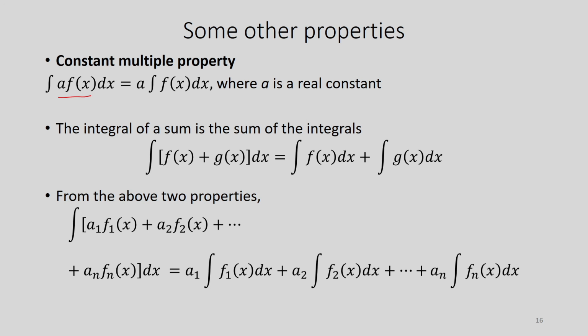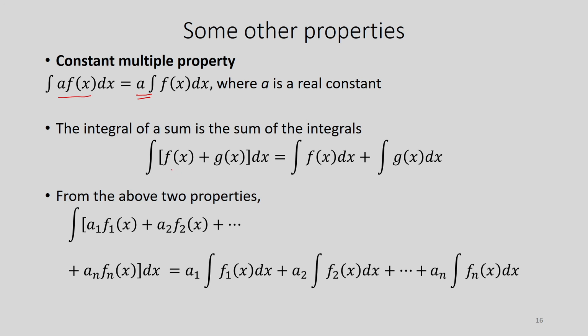So, essentially, if in the integrand there is a real constant term, then I can take the real constant term out, right, and whatever is left of the integrand remains inside. So, this makes the estimation of the integral simple, because now you do not have to deal with the constant.